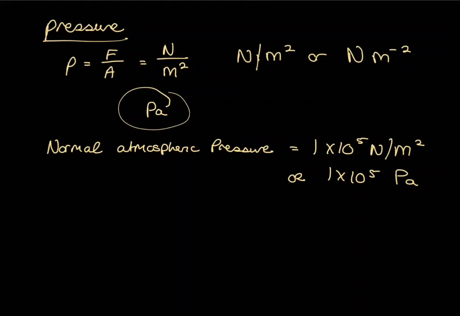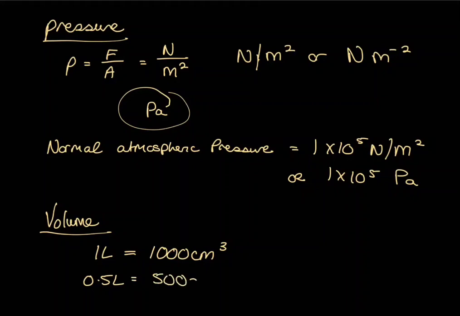Now volume. Okay, so volume. When we're talking about drinks, let's say, we might say a litre of Coke or a litre of milk or something. 1 litre is 1,000 centimetres cubed. A half a litre is 500 centimetres cubed.